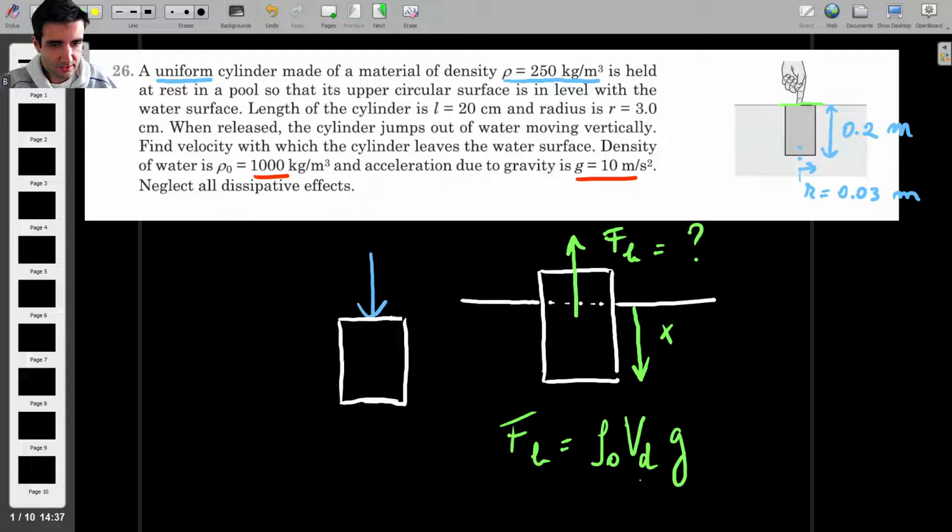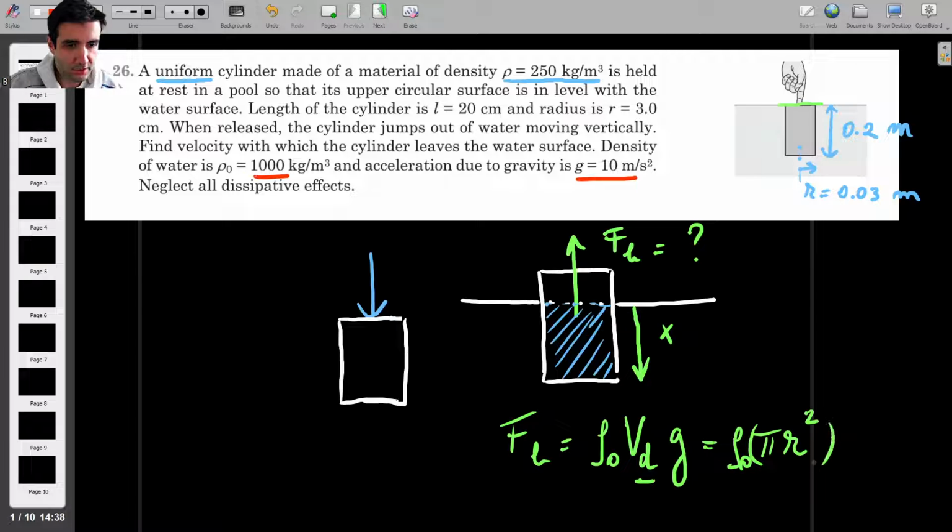This term here, VD, is the volume of the cylinder under the water surface, which is how much volume of cylinder is submerged at this moment in time. And we can actually rewrite it like this. So this is rho 0. Instead of VD, I'm going to express this in terms of the cross-sectional area of the cylinder, S, or if you want, pi r squared, multiplied by x. And then the whole thing is VD. And then we multiply this by g.